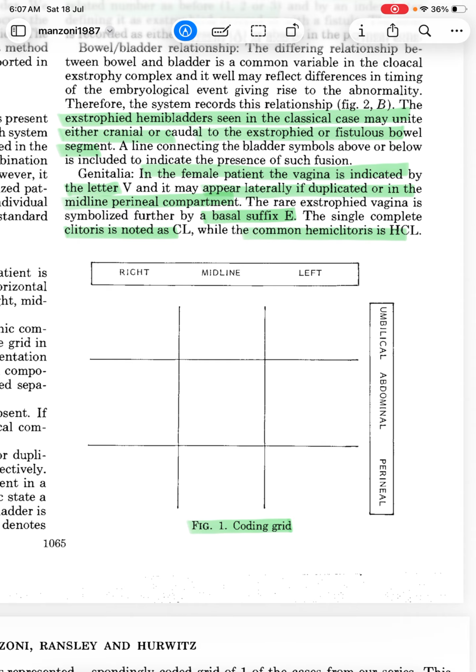So one can say this is right, then midline, then left. Similarly, something at the extreme cranial end will be included in the umbilical area, then the abdominal area, then the perineal area.